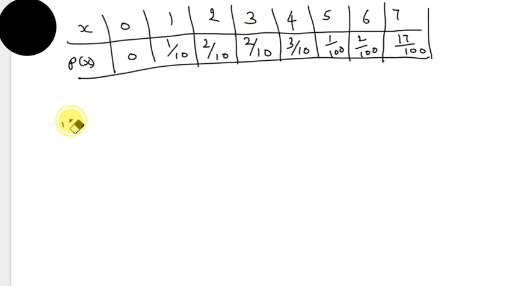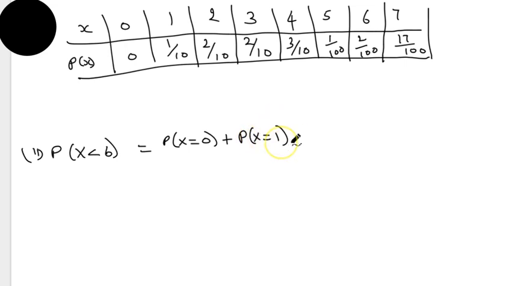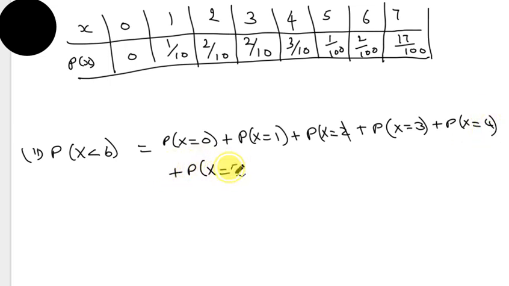So next, what do we have to find? Next we need to find the probability of x strictly less than 6. We will make this a little lower so that we can do the distribution function also. I need to find the probability of x less than 6. So less than 6 will be the probability of x is 0 plus the probability of x equal to 1 plus the probability of x is 2 plus the probability of x is equal to 3 plus the probability of x equal to 4 plus the probability of x is equal to 5.